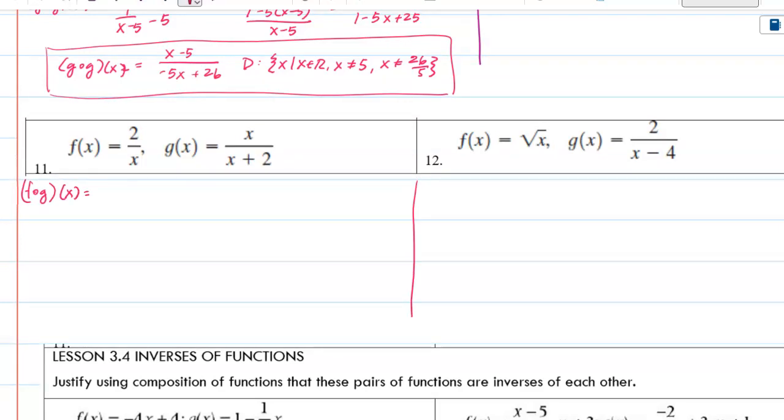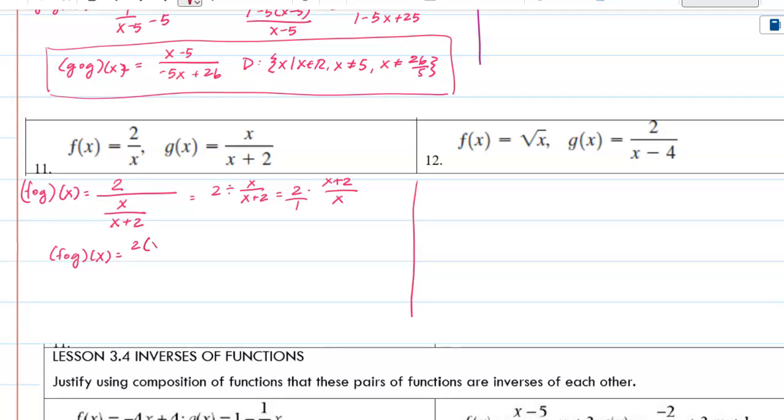Take f and open it up: 2 divided by x plus 2, which equals 2 times x plus 2 over x. So f of g of x is going to be 2 times x plus 2 over x.